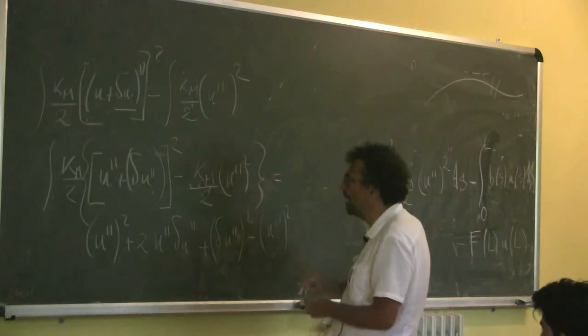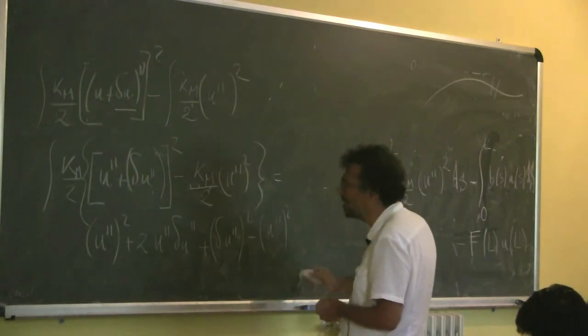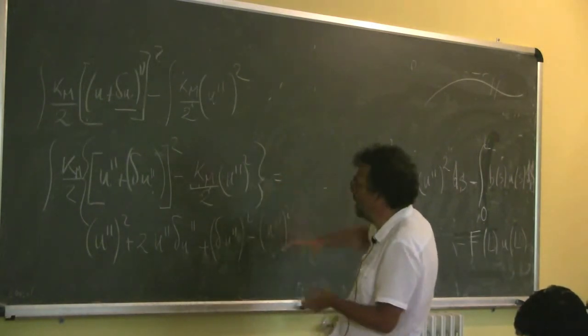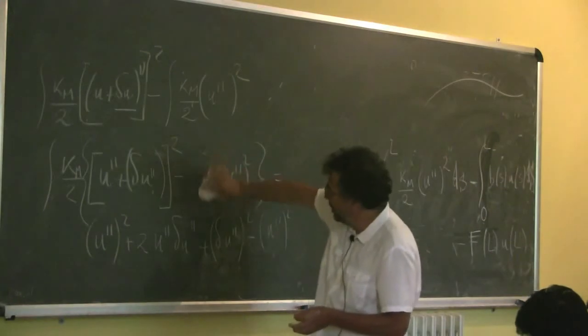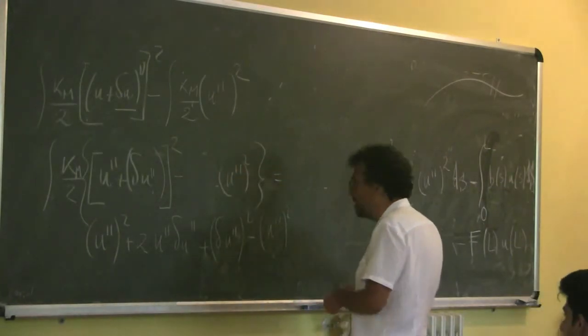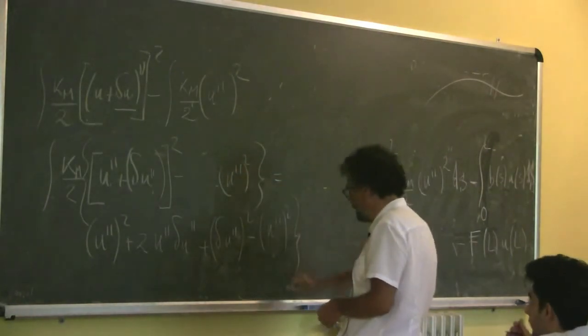Now I should write the brackets in a better way. If I place these big brackets, this term is not there anymore, otherwise everything is wrong. This is the bracket.